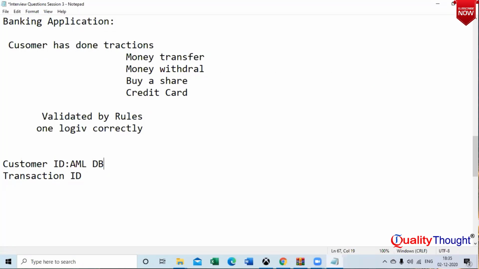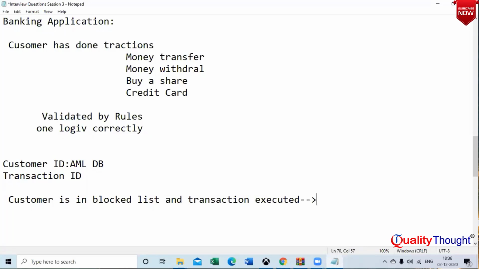Even though the customer is in the blocked list, the transaction executed. So what we understand is that it's a defect.